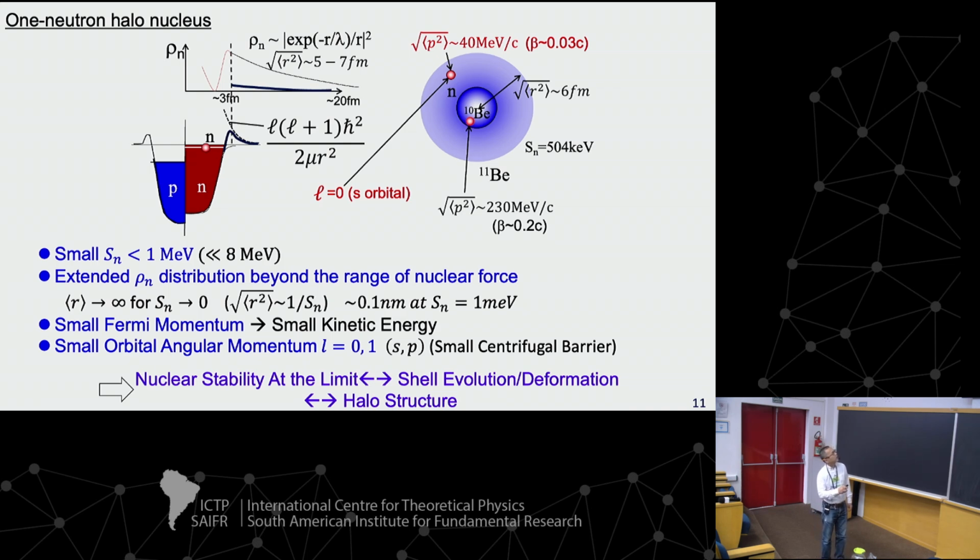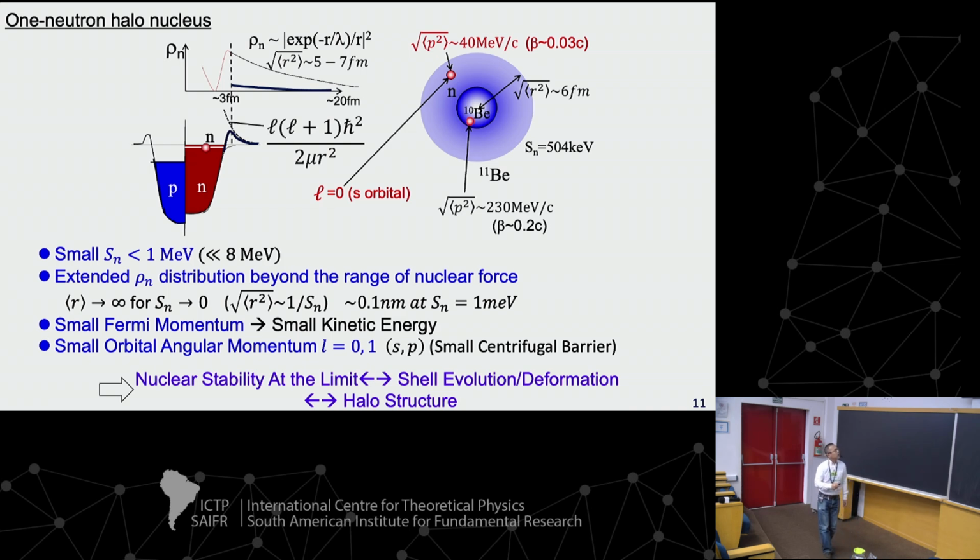And basically, because of the very weakly bound property, the density becomes large at large distance, beyond the boundary of the potential. So this is rather simple quantum mechanics.